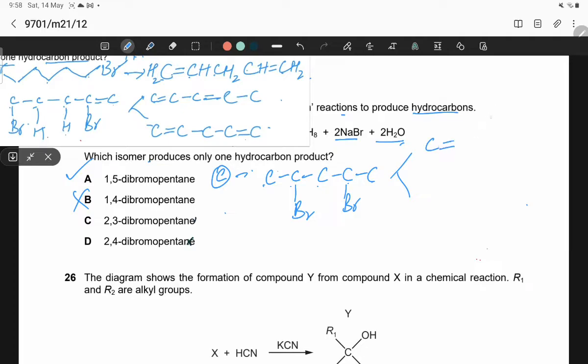C double bond, and 1 2, and there is another product. Also incorrect. And D also, 2,4-dibromopentane.